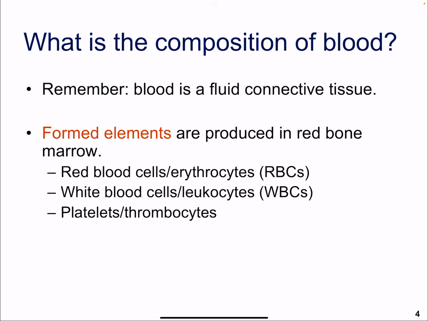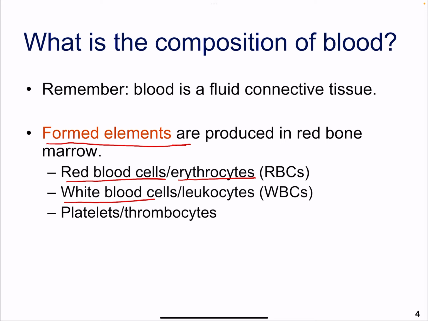These formed elements are going to have basically three major types of cellular components. The red blood cells, also called erythrocytes, I want you to remember that fancy name.